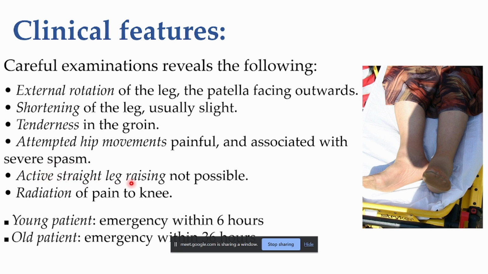Active straight leg raising will not be possible, and the pain of the groin and or the hip area will be radiated to the knee because the obturator nerve supplies both the joints. The neck fracture is an emergency within 6 hours in young patients, and in older patients, it needs to be treated within 36 hours.